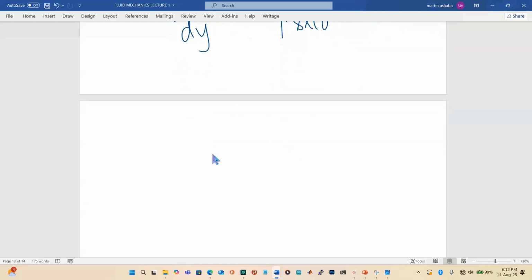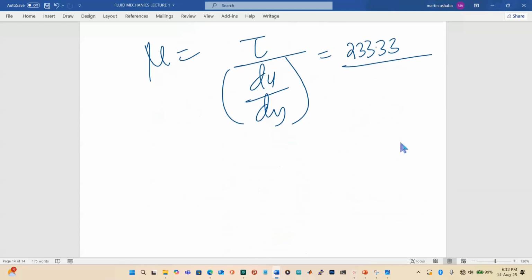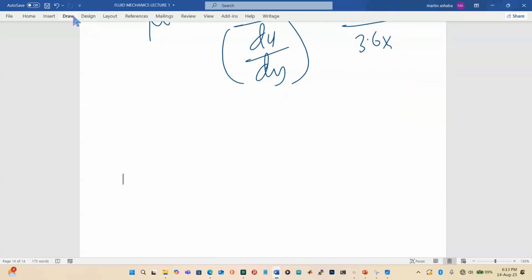So that means nu will be tau divided by du over dy. This becomes 233.33 divided by 0.36 divided by 1.8 times 10 power negative 3.